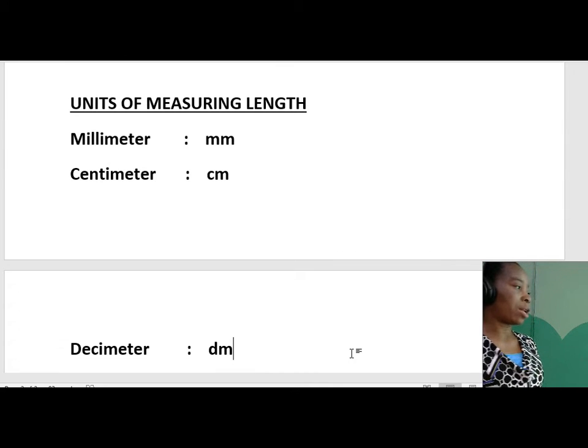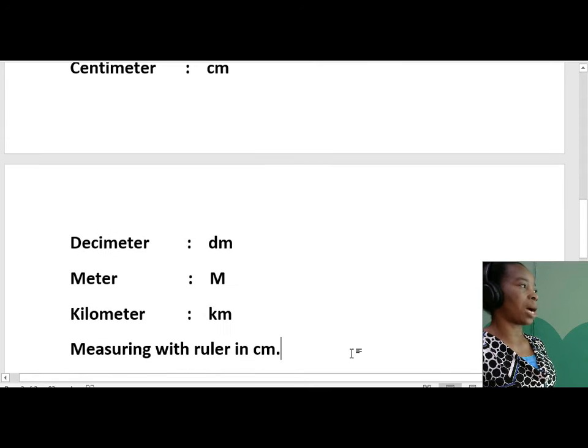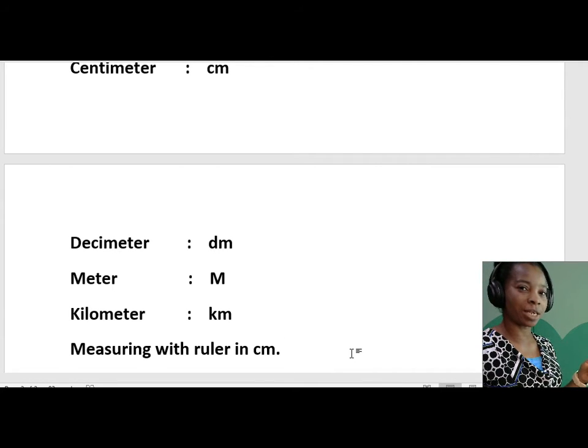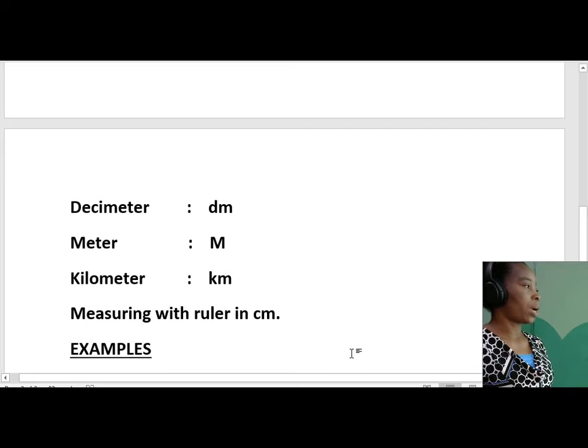Another one we have is decimeter, and it's written as dm. Meter, take it after me. Meter is written as m. Kilometer, take it after me. Say kilometer. km.